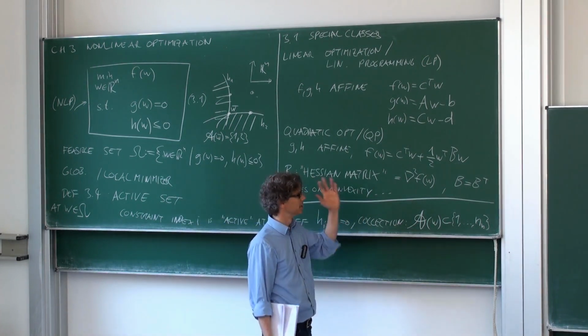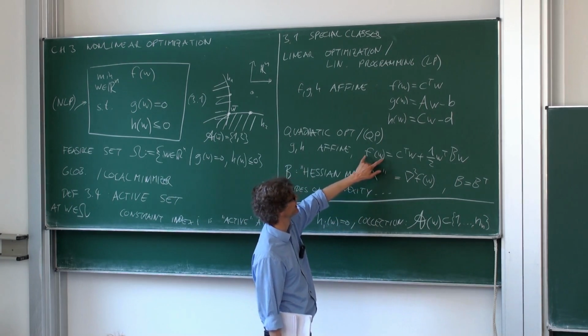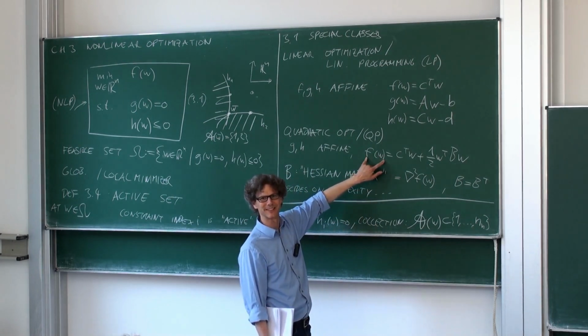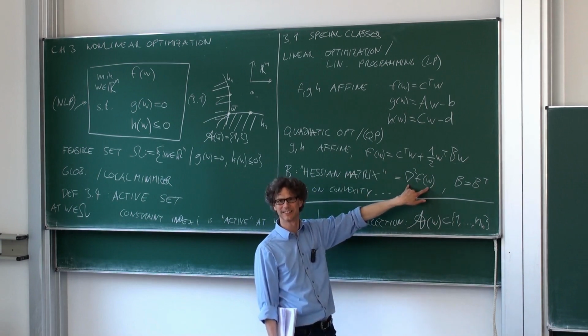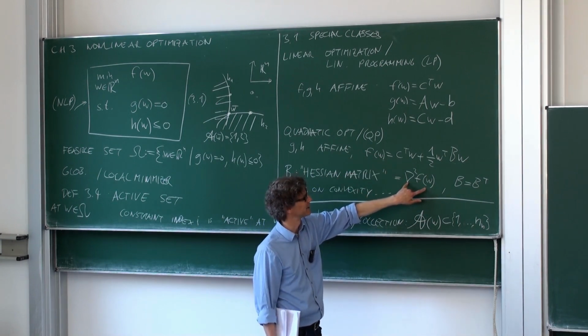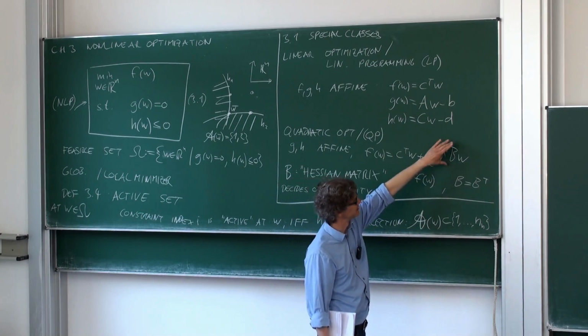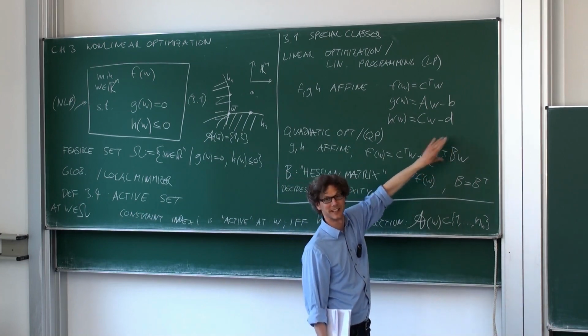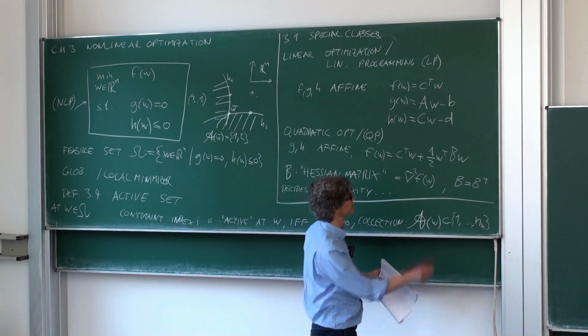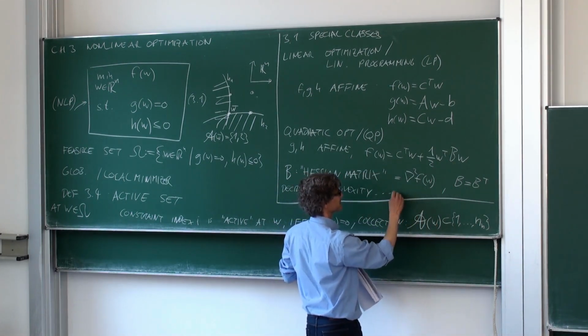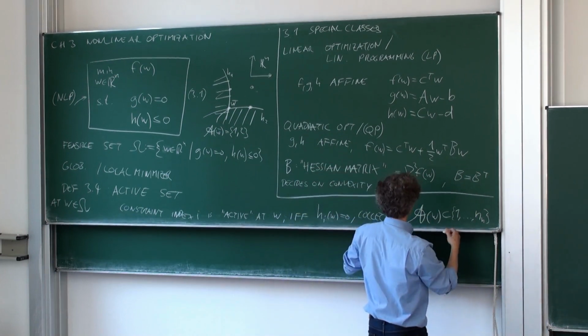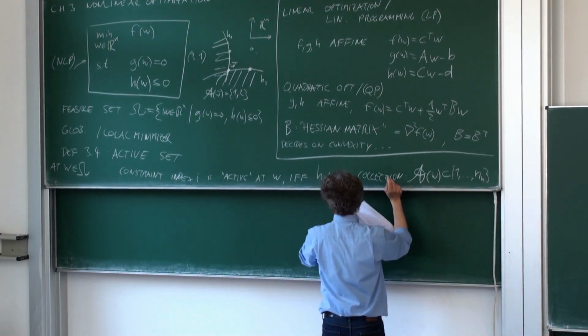Does it also result from Schwarz's theorem? Yes, anyway, maybe I should just say any function which is twice continuously differentiable has a symmetric Hessian matrix, right? And if you choose B to be symmetric, it is identical to this Hessian. If B would not be symmetric, then you could compute the Hessian matrix, and this is a side remark, so maybe I just put it somewhere very small here.